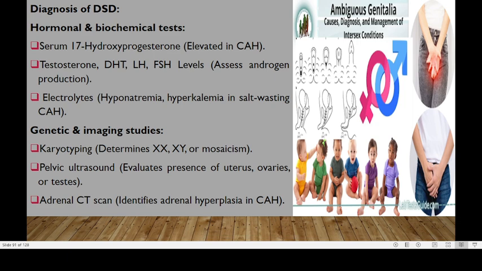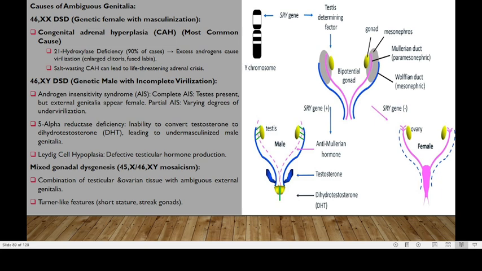We could also diagnose this condition now using hormonal and biochemical tests, and genetic and imaging studies. Hormonal, we could do serum 17-hydroxyprogesterone. You find it will be elevated in congenital adrenal hyperplasia. Testosterone levels, you assess for androgen production. Of course testosterone will be reduced in the genetic male with incomplete virilization.